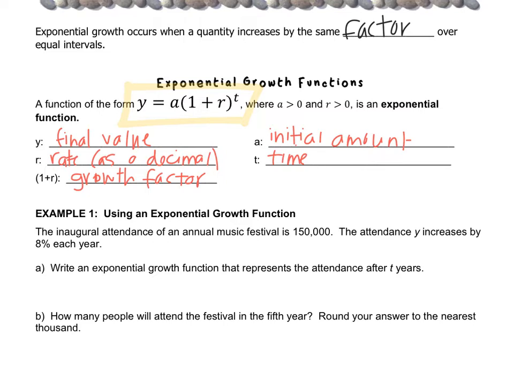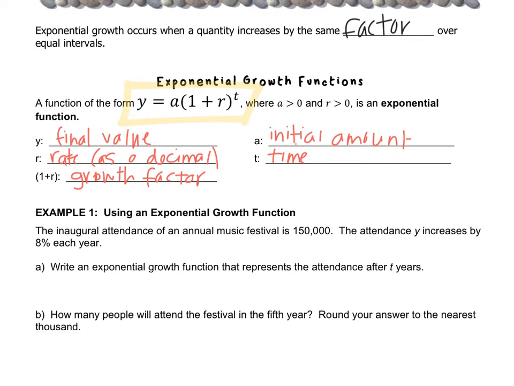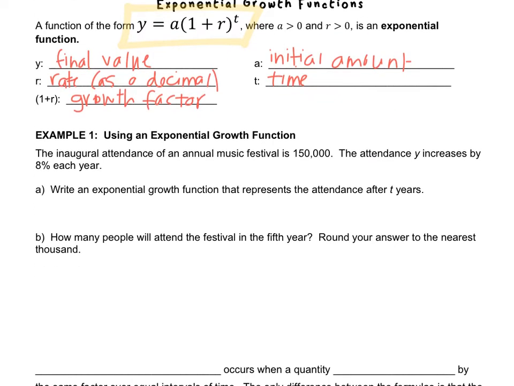So let's use this in an example. The inaugural attendance, which means the beginning attendance when it first started, of an annual music festival is 150,000. The attendance y increases by 8% each year. Letter A: write an exponential growth function that represents the attendance after t years.